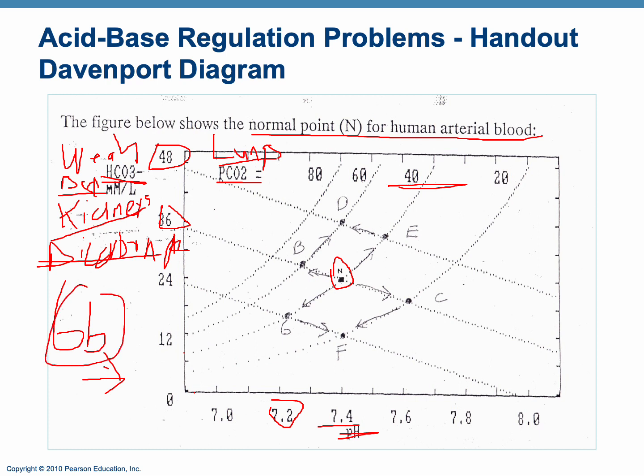So going from position E on the graph to position D on the graph. So we're going to start, here we are, N normal. Here is E. So a patient that has the metabolic alkalosis, and we need to get the patient to D to get their arterial blood pH back to normal, to homeostasis.